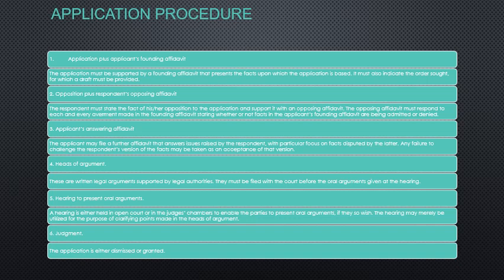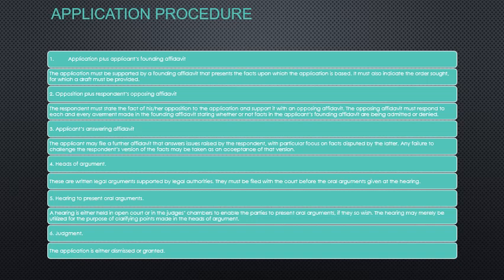So in terms of application procedure, the applicant writes the application, which is supported by a founding affidavit, right? And then soon after, there is an opposition from the respondent, supported by the opposing affidavit.